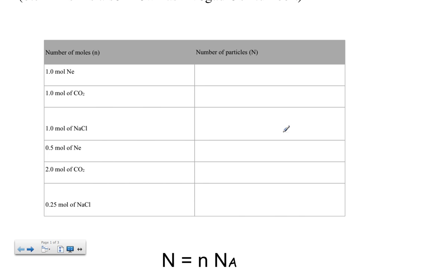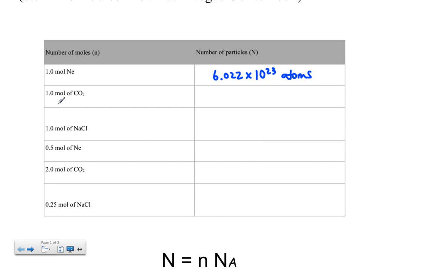If we look at this table here, we can work through some examples. If I have 1 mole of neon, what I have is 6.022 times 10 to the 23 atoms of neon.